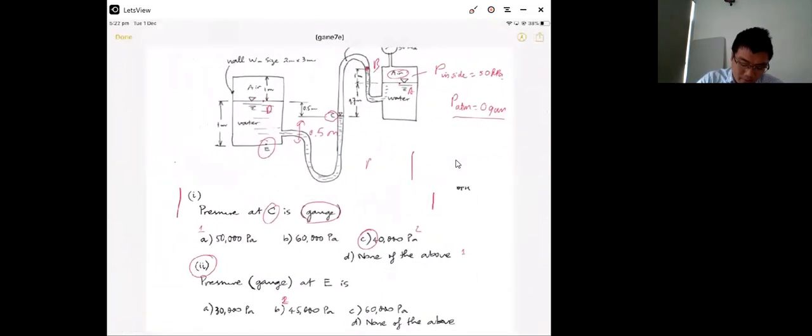But question 3, you have to find force applied to this wall. This wall I call maybe is Mn. Force applied to Mn. And this one is force on plane surface.